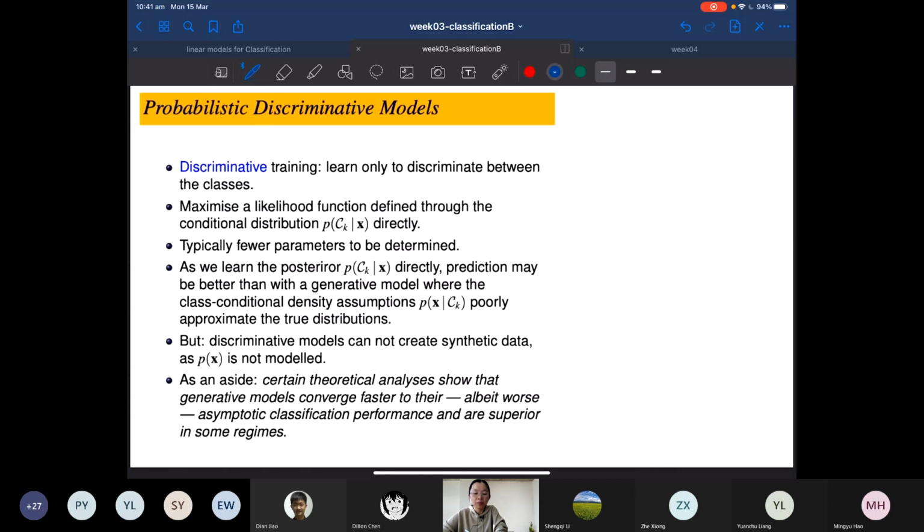So why do we want to use discriminative learning? We want to learn to only discriminate between the classes in a lot of cases. In the motivating part of classification, we have seen that some of the details of the class likelihood or joint data likelihood don't really matter for discrimination. So why are we spending all the statistical effort to learn the details of the data likelihood?